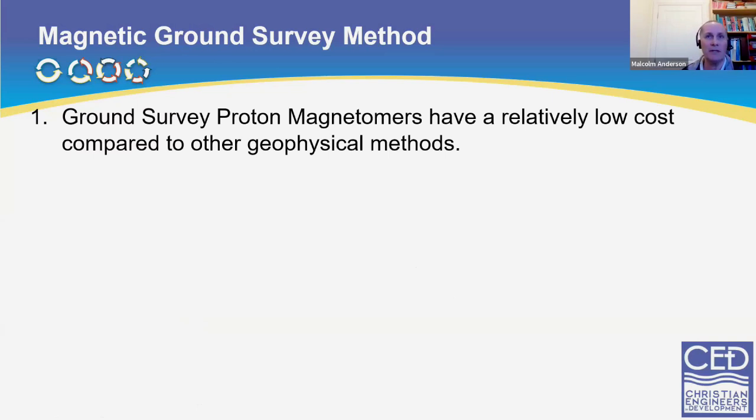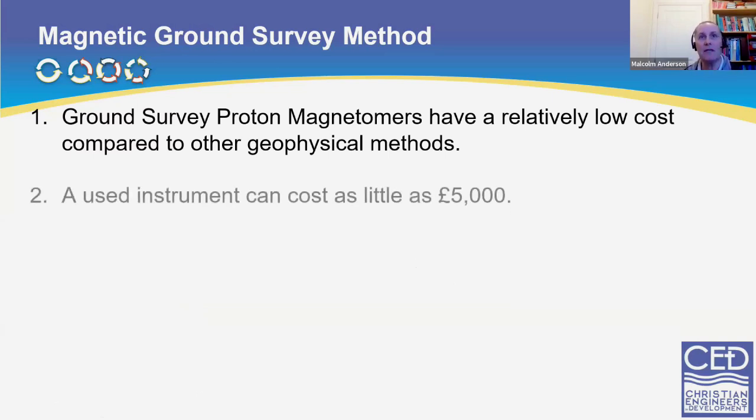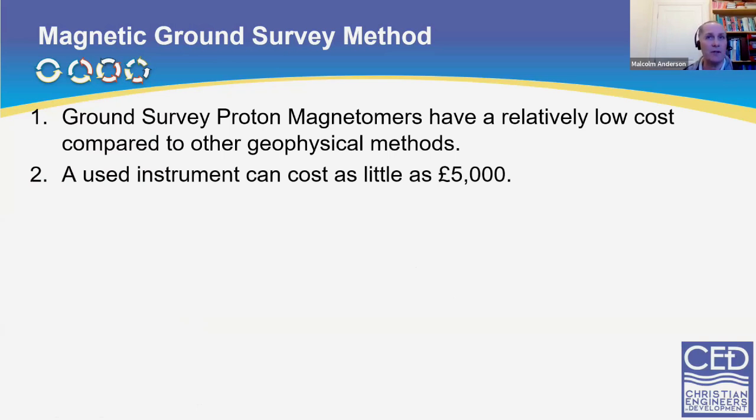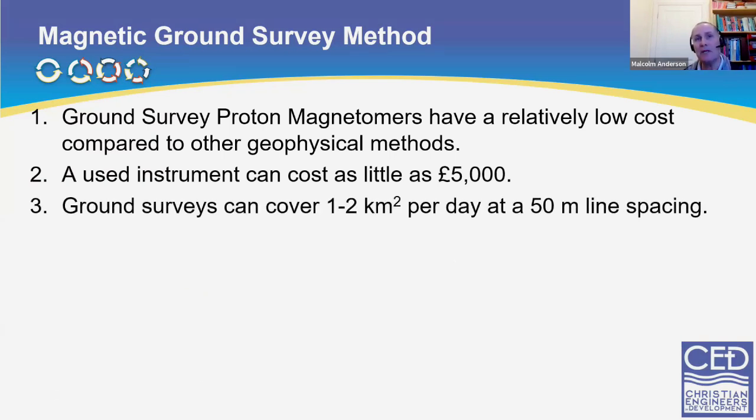Another advantage of proton magnetometers is their relatively low cost compared to other geophysical methods. A used instrument can cost as little as £5,000. It's a rapid method, so you can measure 1 to 2 square kilometers per day at a 50-meter line spacing. Essentially, it's a walking speed survey.